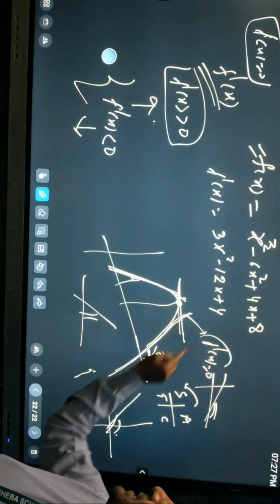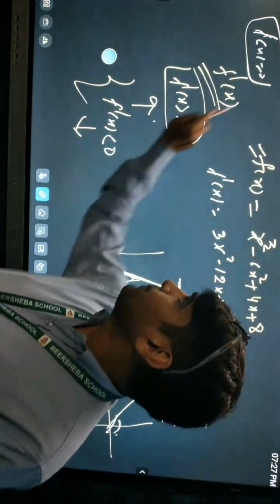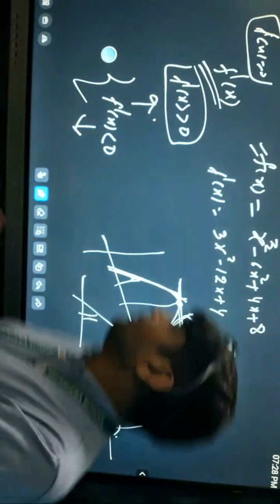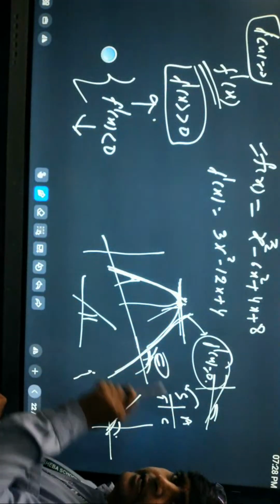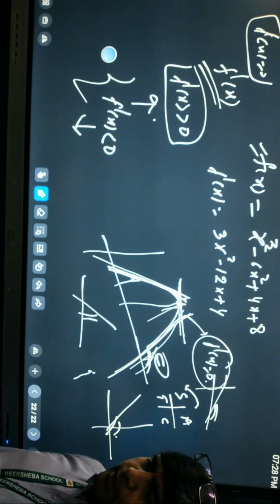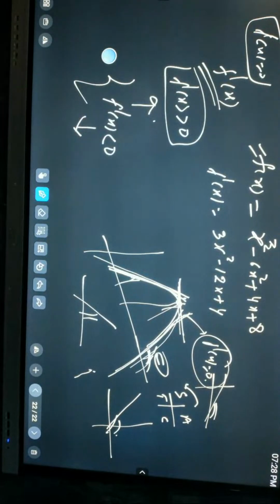When we put f dash x equal to 0, we find the critical point. A point which changes the nature of my graph is known as a critical point.